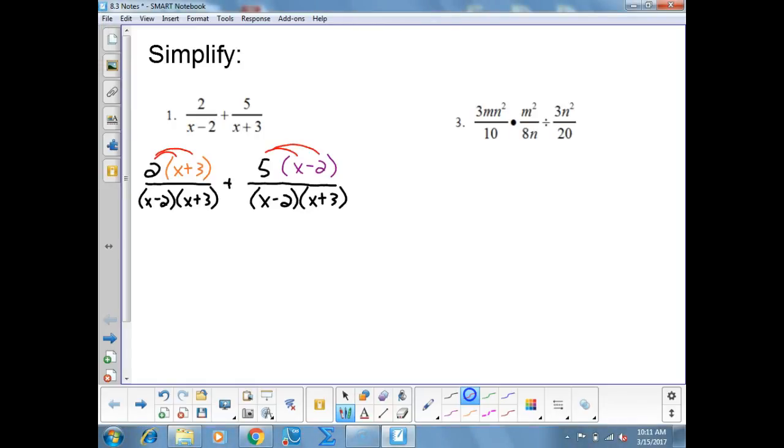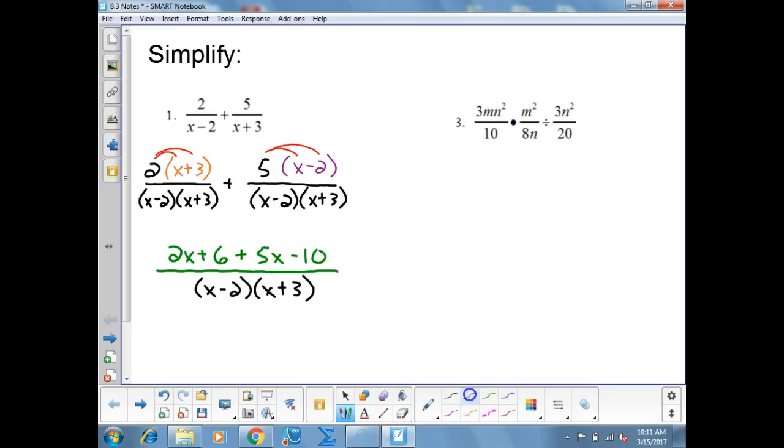And so on top, I get 2x plus 6 plus 5x minus 10, all over (x minus 2)(x plus 3).